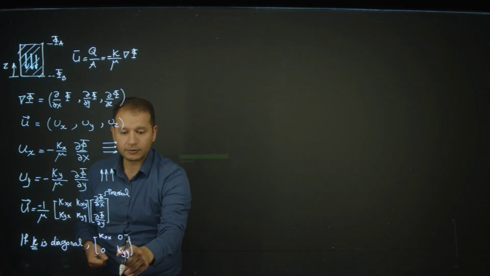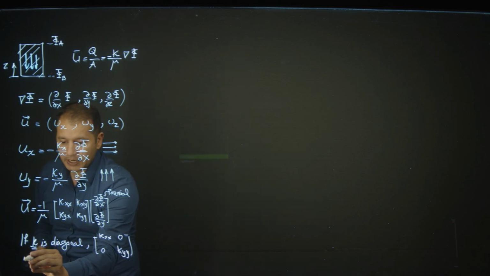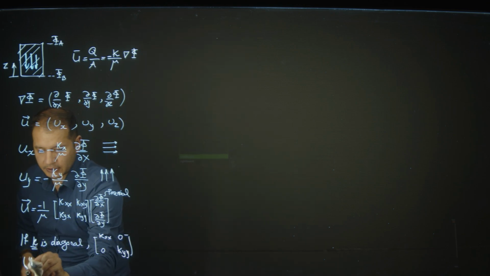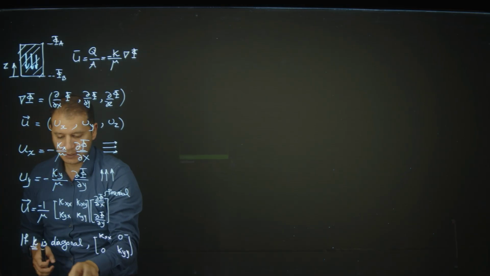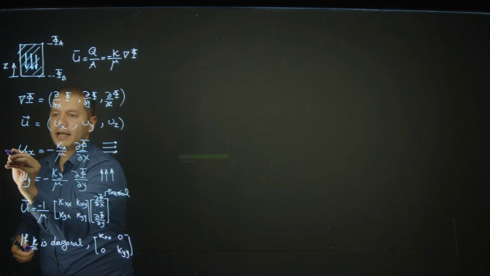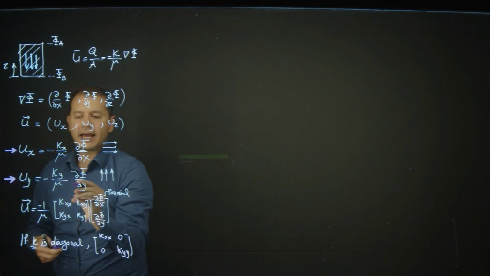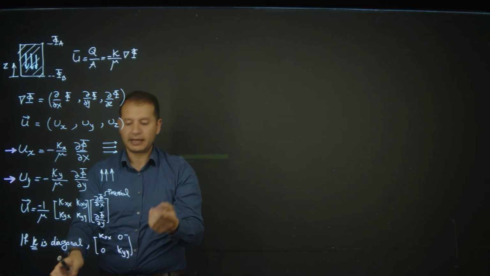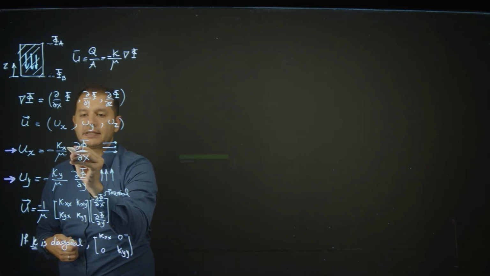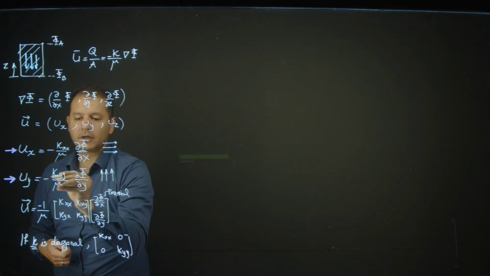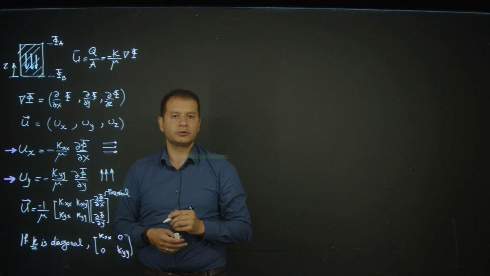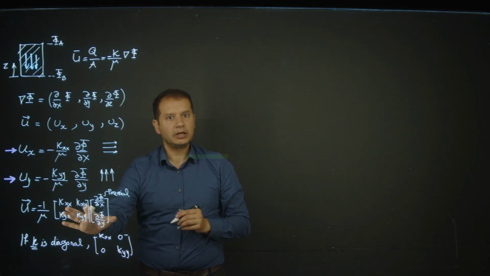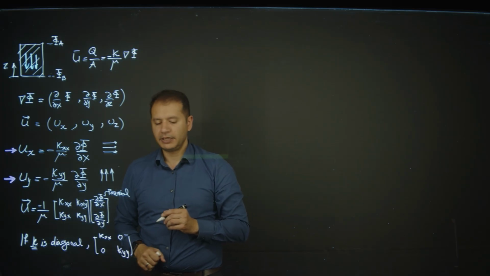But if k is diagonal, then your ux, I don't want to write it any longer because I already have written it, will have its own permeability in front of it, and so will uy, in the x and y directions. I can also write xx and yy to be consistent with the tensorial coefficients. Now, this will be completed in the follow-up lecture.